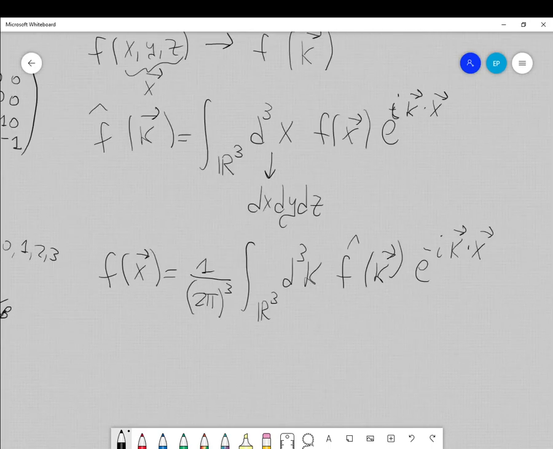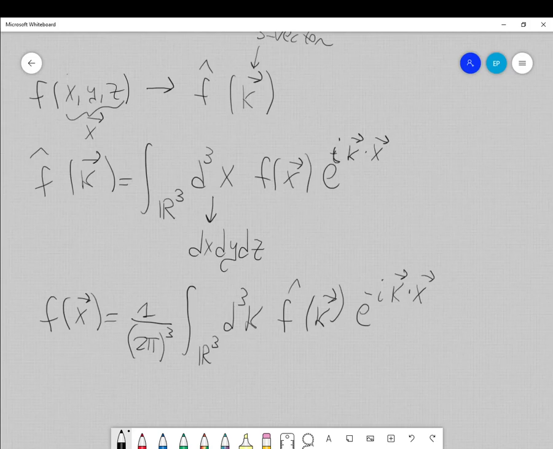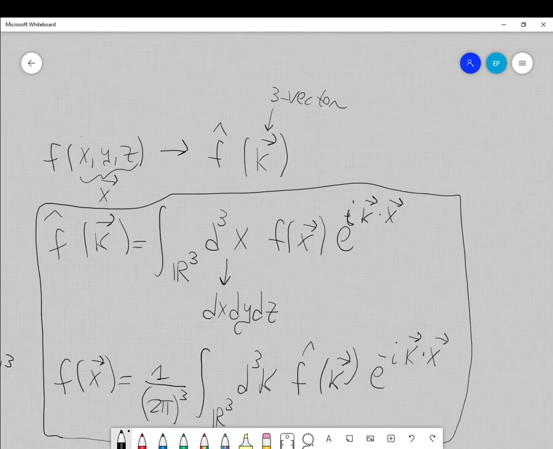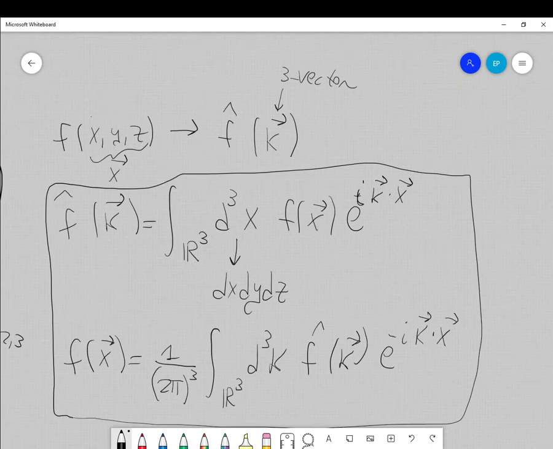And this is something that we are going to use when we are going to discuss the solution to partial differential equations. As we will see, we are going to use the transformations in a 3-dimensional space. So we are not going to do a 4-dimensional transformation. We are going to stick to the 3-dimensional case, because we are going to consider functions that only depend on space. So x, y, z. So this is what we are going to do next.